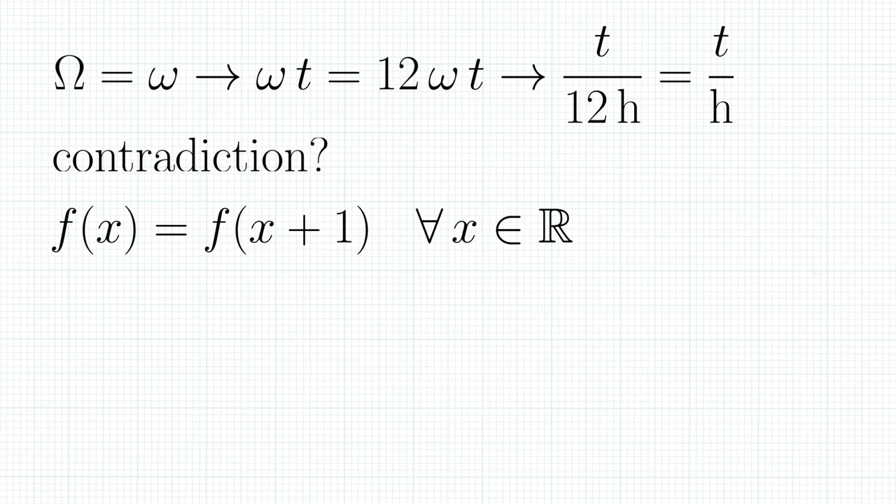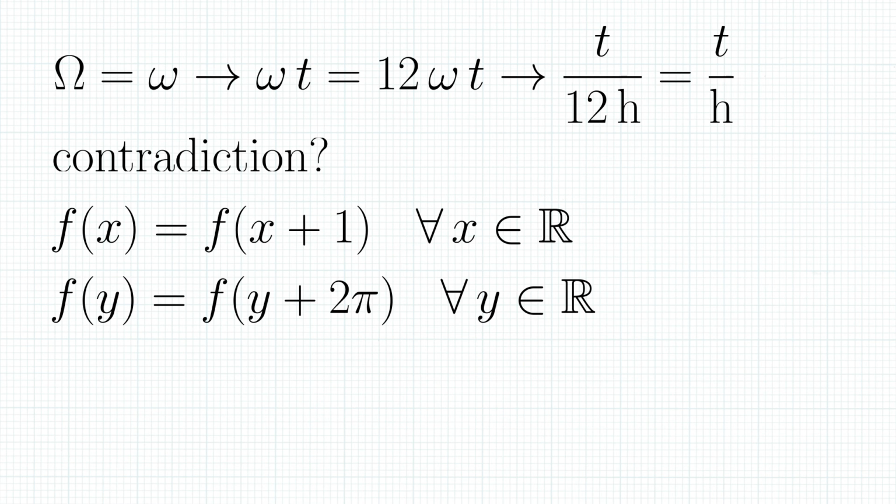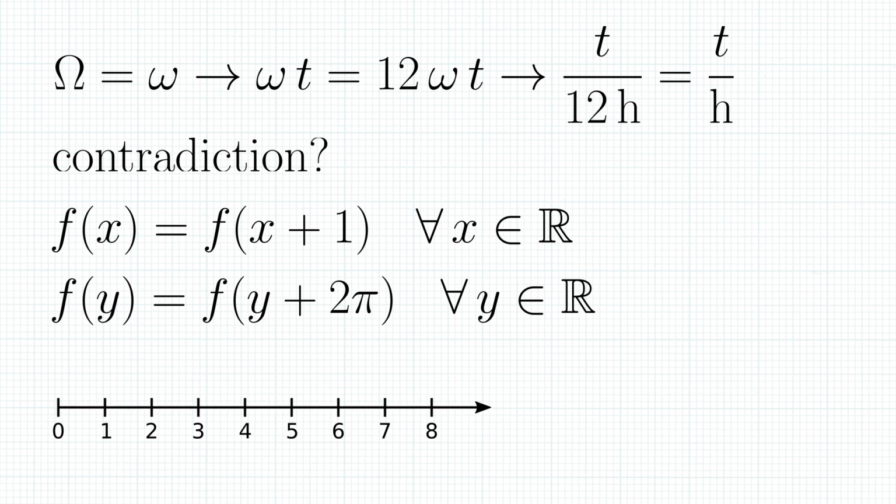We are not limited to a period of 1, however, since we can just multiply the equation by any constant and apply a periodic function whose period equals that constant. The obvious choice here is 2 pi, and the functions we're going to use are a sine and cosine function. You can think of the effect the periodic function produces as if we took the number ray, cut it off at 2 pi, and formed a circle out of it.